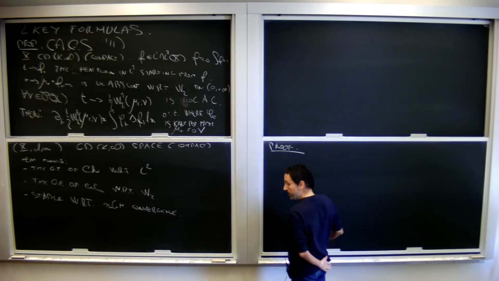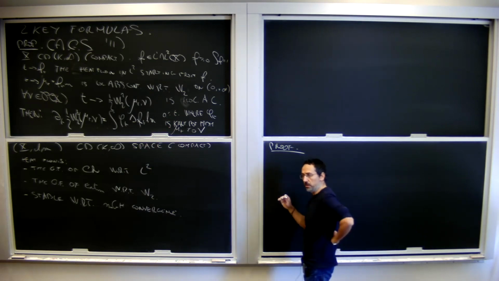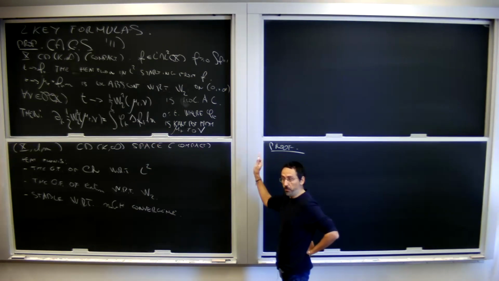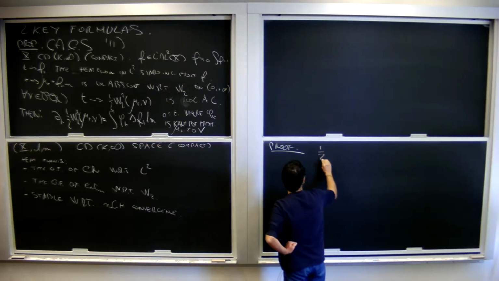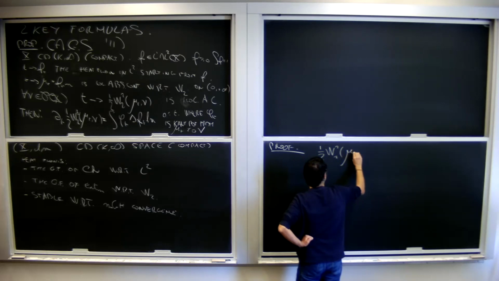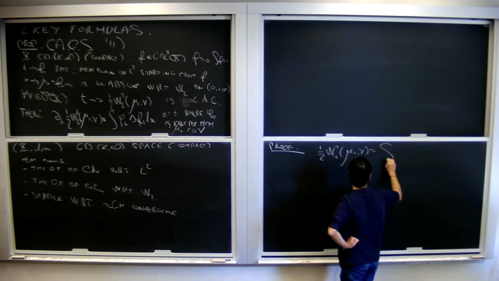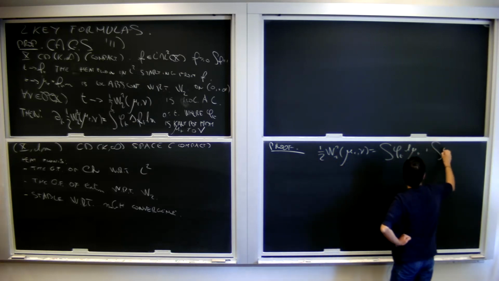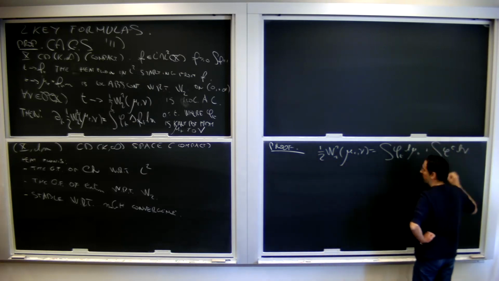Then by definition of Kantorovich potential, we get equality in the dual problem. So we know that 1/2 W2 squared of mu t and nu is equal to the integral of phi t d mu t plus the integral of phi t c d nu.